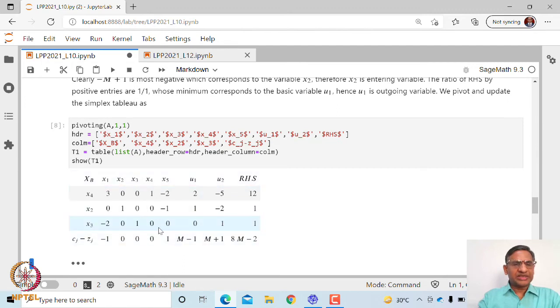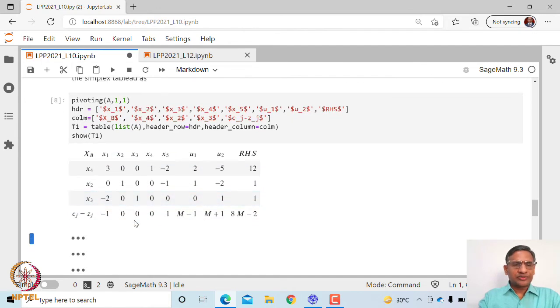Now when you update the simplex table, what you see now in the reduced cost coefficient row is that x1 is -1, which is negative. Therefore, again, this is not an optimal solution. We need to bring x1 into basic and then look at the ratio. This is 12 by 3, that is 4, and the remaining are 0 and -2, so we don't have to consider them.